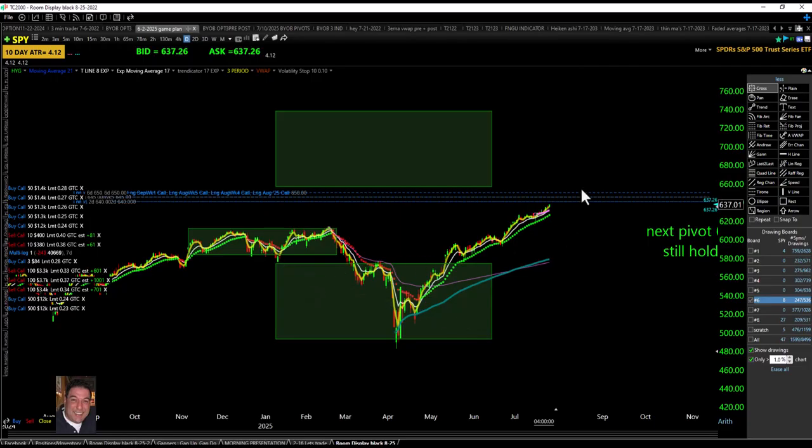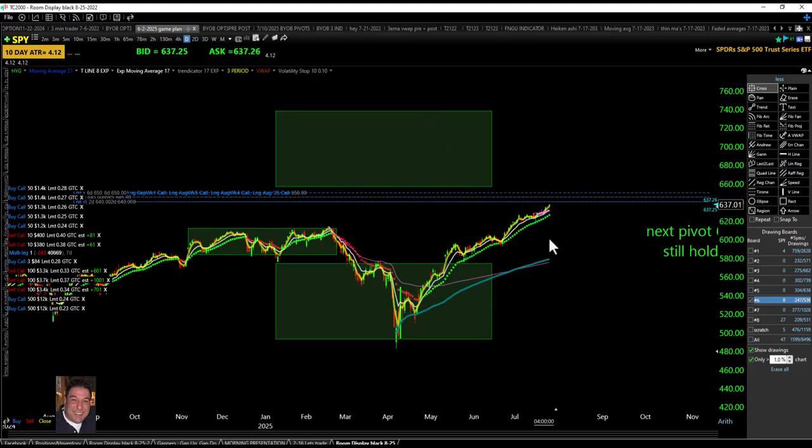Remember, 650 is a psychological number. If we hit 650, it's highly likely that we consolidate a little bit and then possibly pull back to this rising anchored VWAP right there, hard and fast, and then watch it bounce all the way back up, and we start to consolidate again, and then start heading back up towards the highs up here.